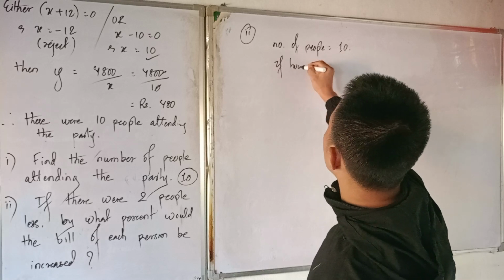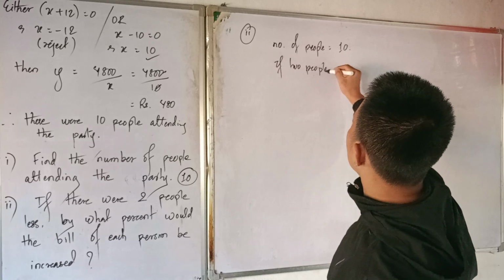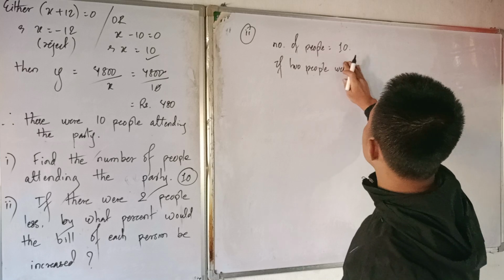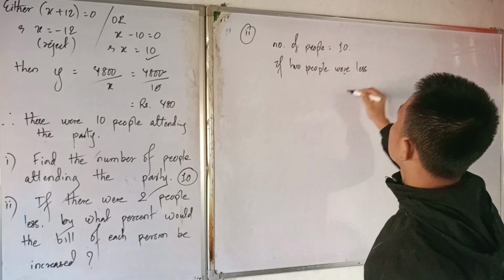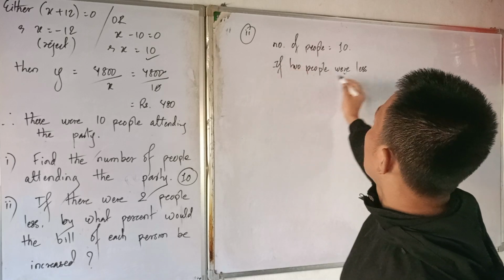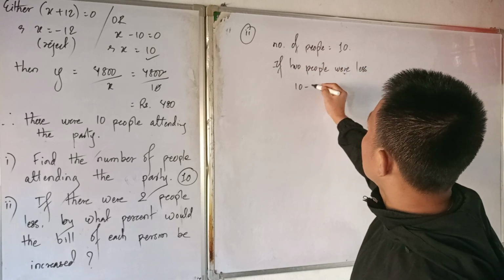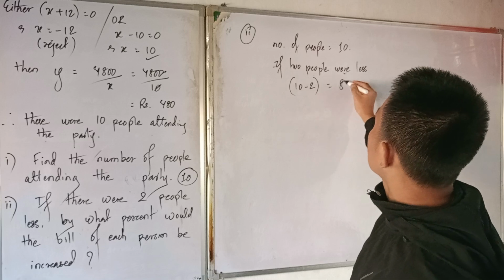If two people were less, that means 10 minus 2, it becomes 8.